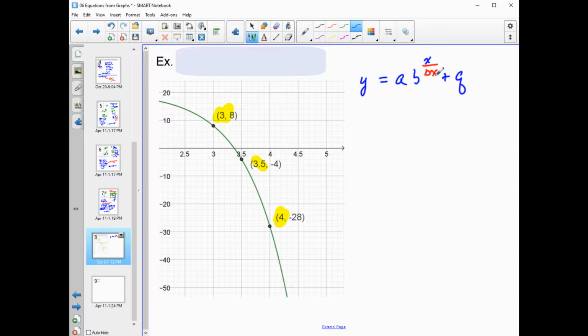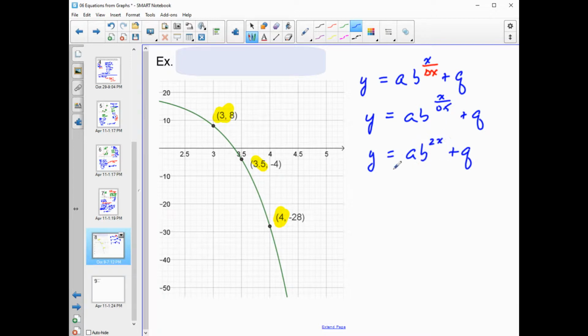But in this case, our delta x is not 1. So we are actually going to write this as a b to the x over 0.5, plus q. And that simplifies to y equals a b to the 2x plus q. So that's going to be the equation that we're working from here.